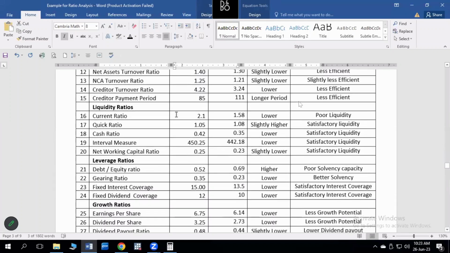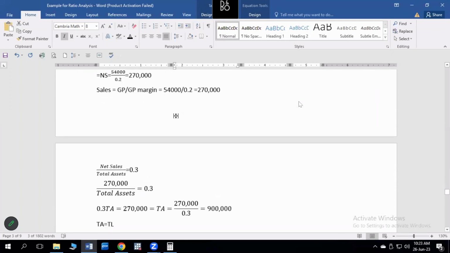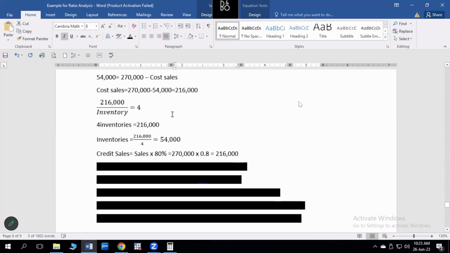So first you write down in your workings this ratio.